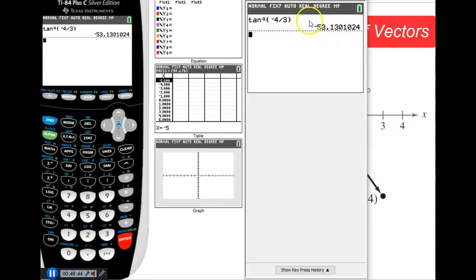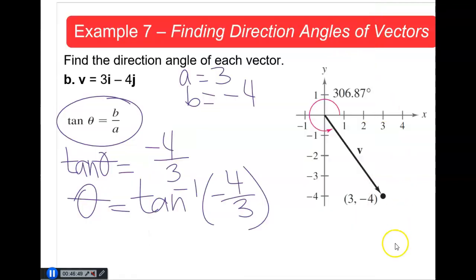However, WebAssign will not take this answer. And the reason is that the way a direction angle is defined is a positive angle that goes from the positive x-axis counterclockwise, and then the terminal side will be the actual vector.